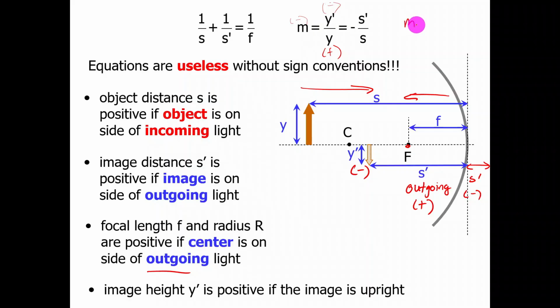When m is greater than 1, then that means your image has gotten larger. When m is less than 1, that means our image is smaller than the original object. And when our m is negative, that is inverted.